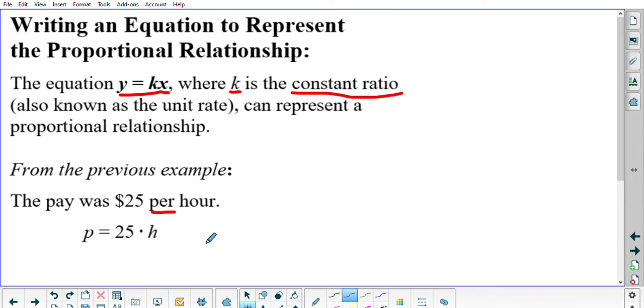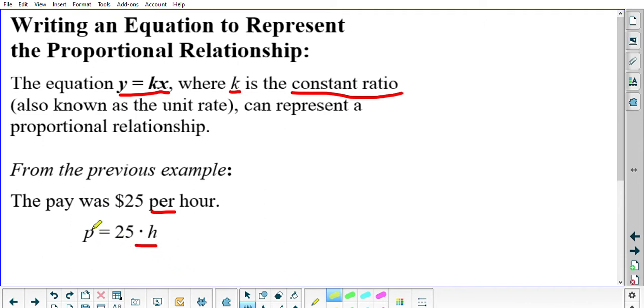So $25 per hour means $25 times the number of hours, and that is equal to our pay. And so you can see this is in the form of y equals kx, except we rarely ever use y and x. I mean, I shouldn't say rarely, but it's usually more helpful if you use variables that apply to the problem that we're talking about.